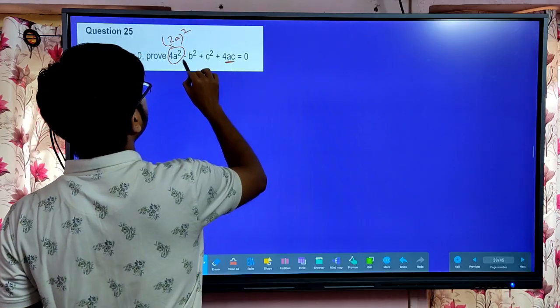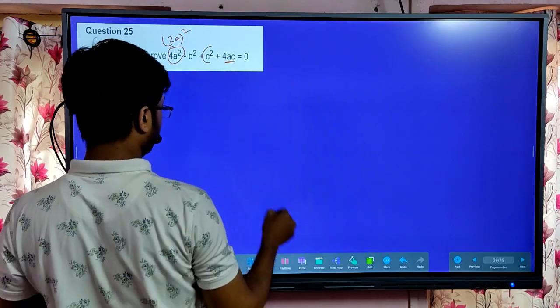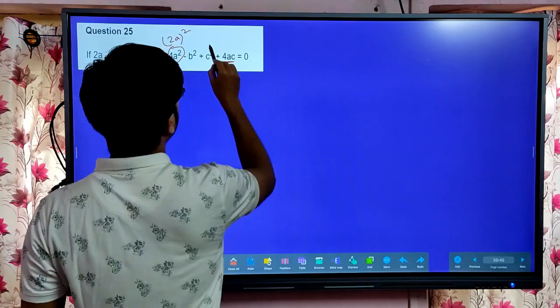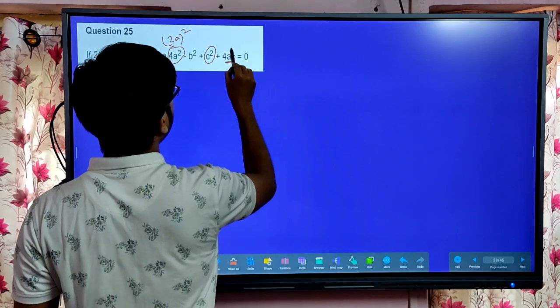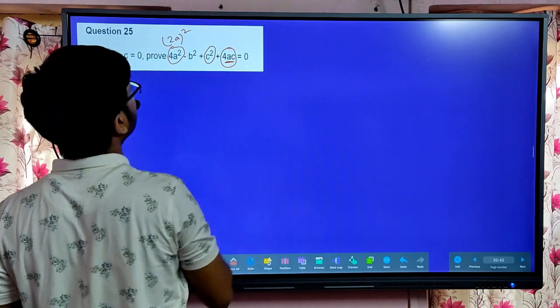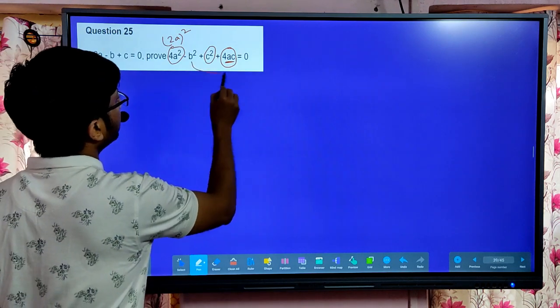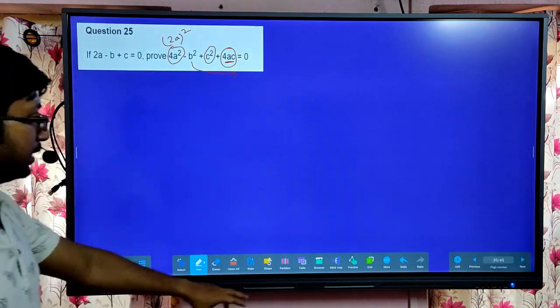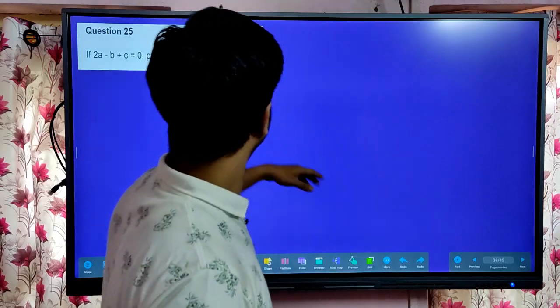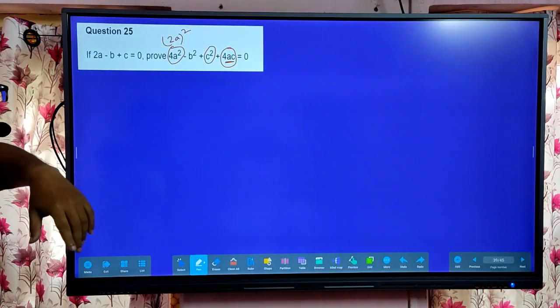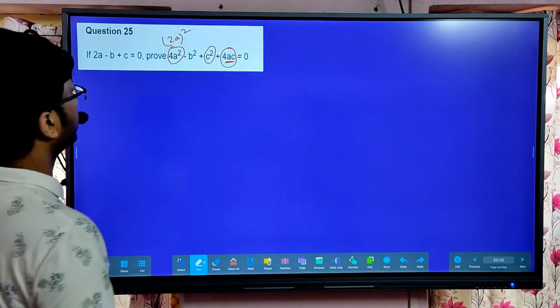So I am taking this term and this term and creating a whole square and separating this b square. I will separate this b square and create a whole square using these 3 terms. Now see how I can do it.